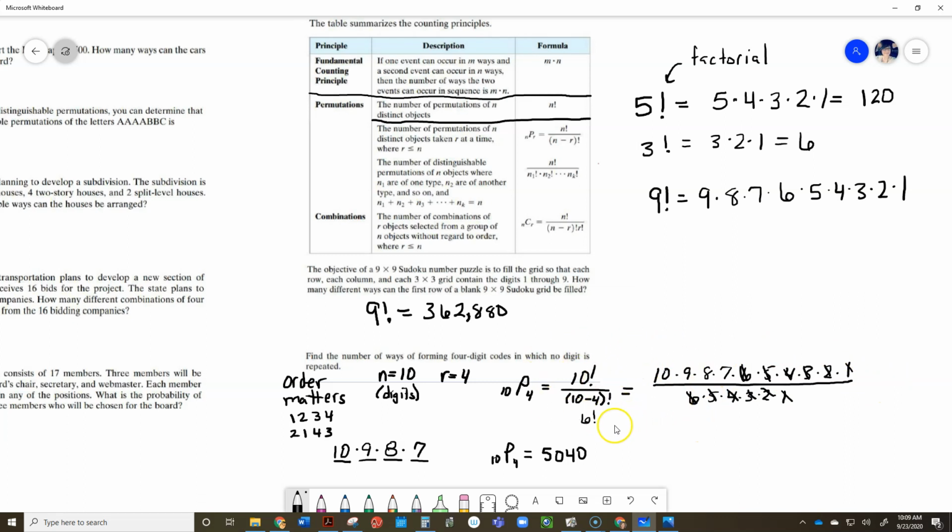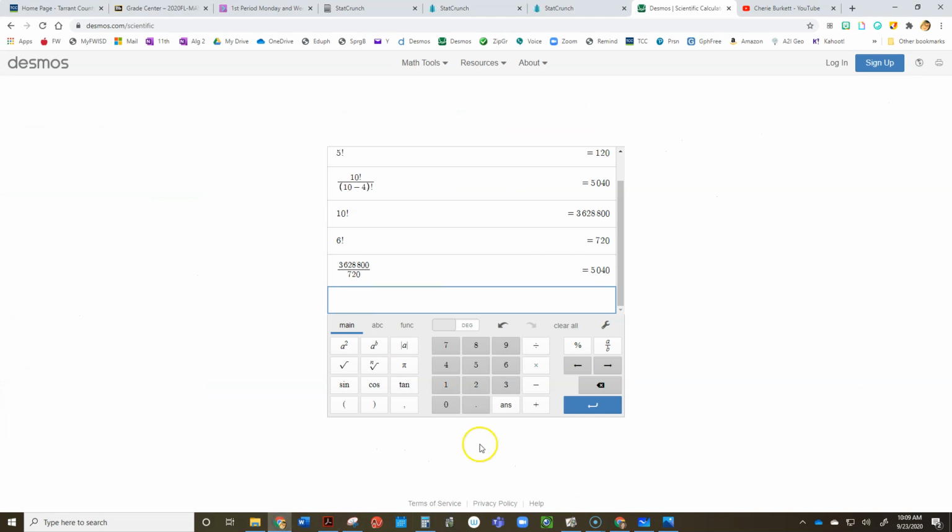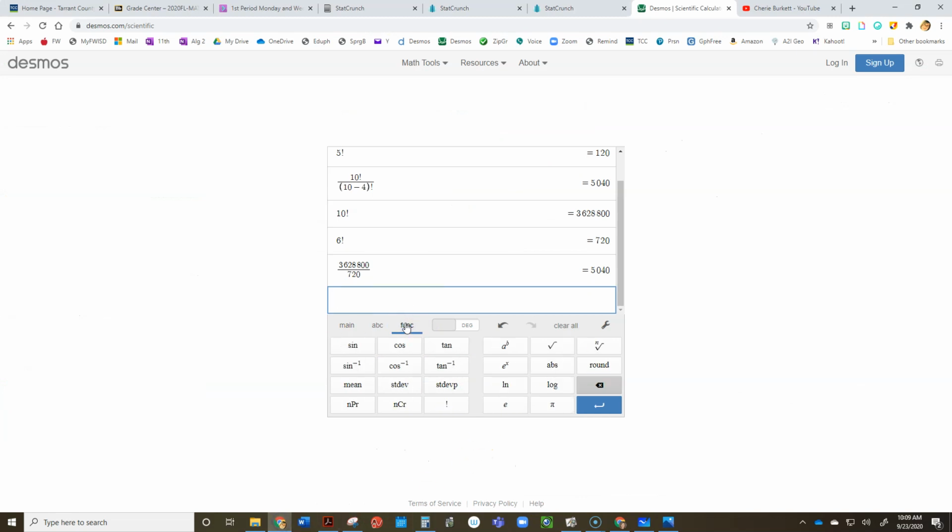Don't rely on what I'm about to show you on StatCrunch. Actually, there might even be something else. Let me go back to the scientific calculator real quick. If you go over to function, there's this button right here. I don't know exactly how that button works, so I'm going to give it a try.